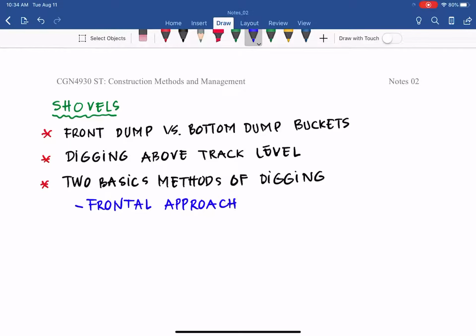Basically, in this approach, the equipment moves forward and excavates, and the truck goes parallel to the excavation equipment. And the other one is the parallel approach, where the excavation direction and the equipment direction are in parallel. Again, you can refer to the previous explanation.